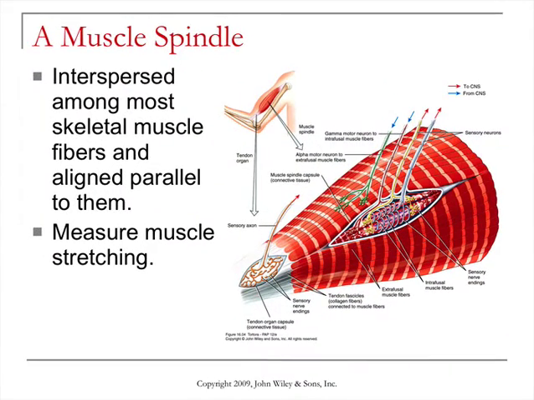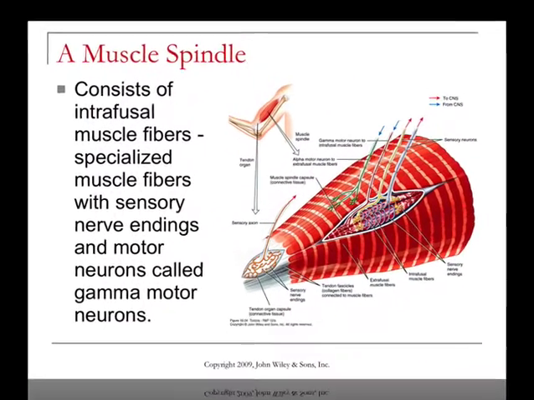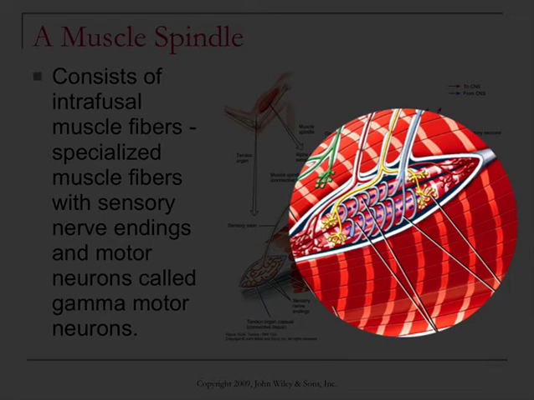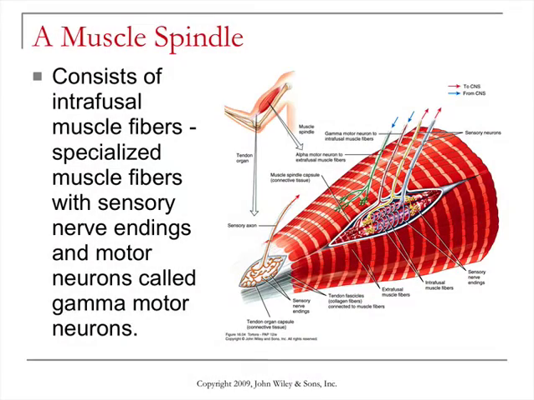In this picture, we can see both tendon organs and muscle spindles, but we'll focus first on the muscle spindles. As you can see from this diagram, the muscle spindle consists of intrafusal muscle fibers, which are specialized muscle fibers that have sensory nerve endings wrapped around them, and also have motor neurons that innervate them called gamma motor neurons.